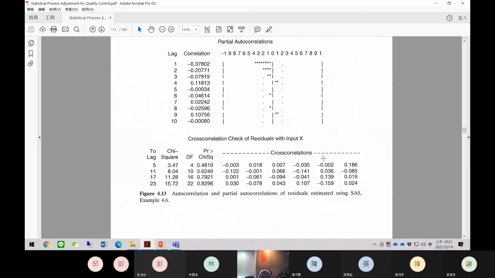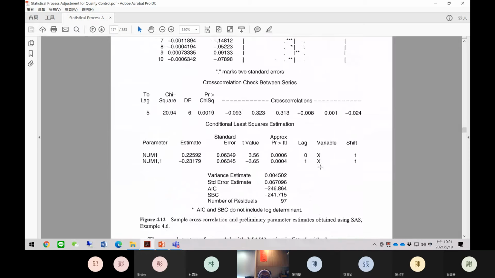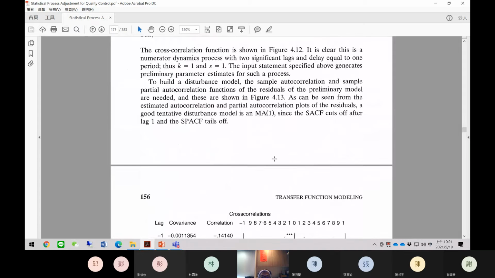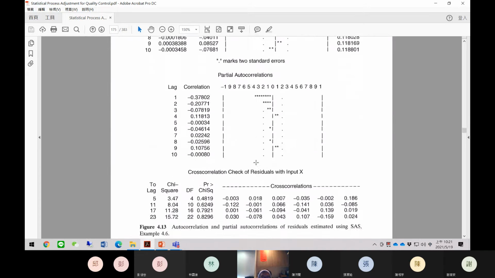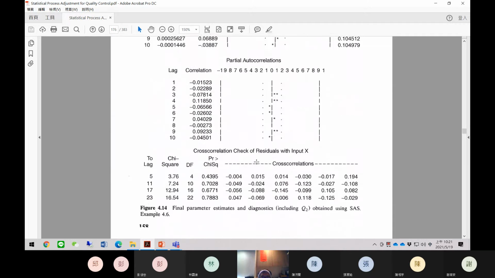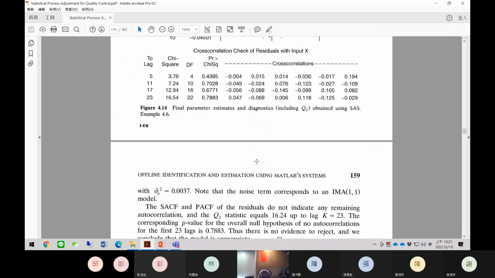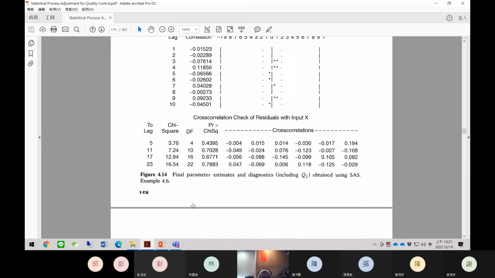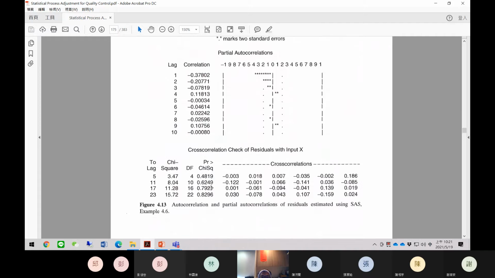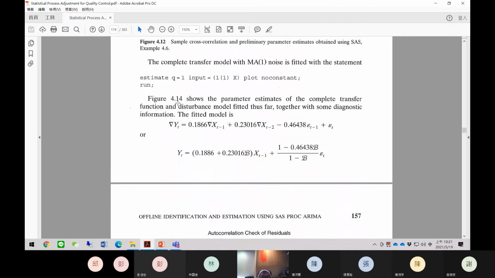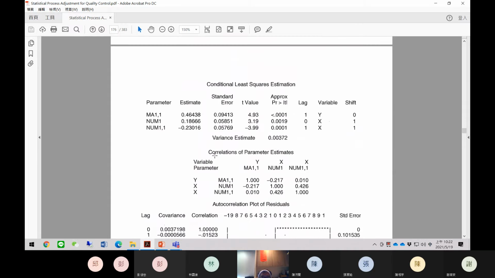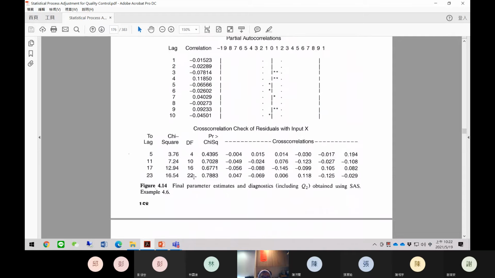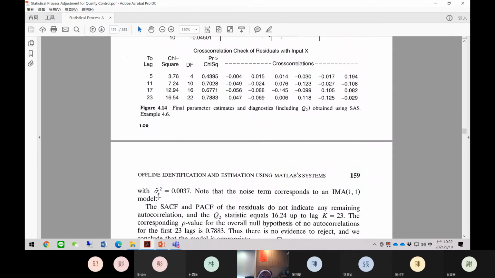Then furthermore, we'd like to check the Q1 and Q2. Hold on. I need to continue the statement. What is the statement? The model is this one. Yes, we have it, with the sigma epsilon 0.0037.